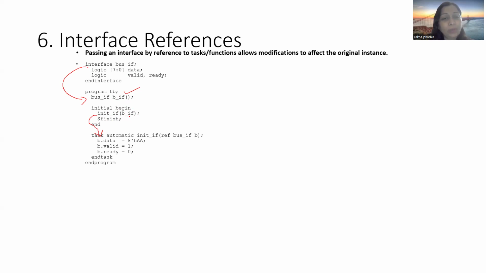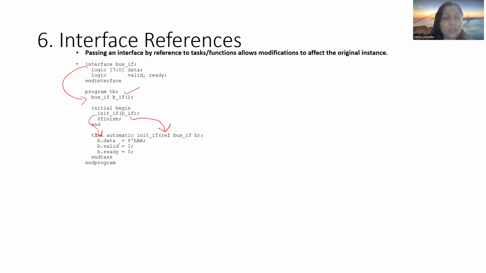I want to make a permanent change on the port list, which is bundled in the interface, so I'm passing it as a ref. Reference means it accesses the address of the ports which are bundled in the interface. So when I say ref, permanent changes happen.